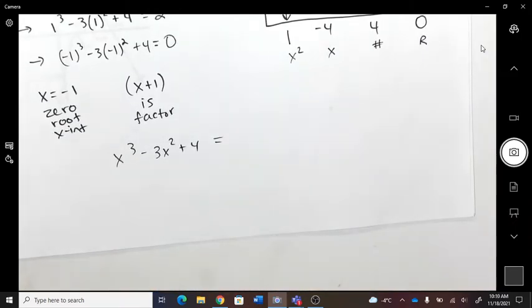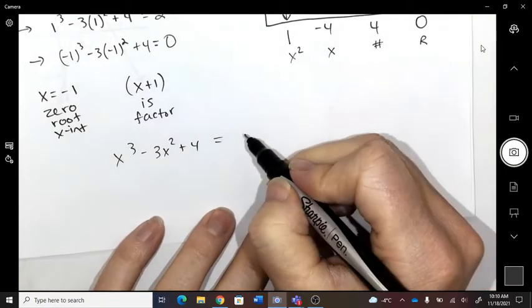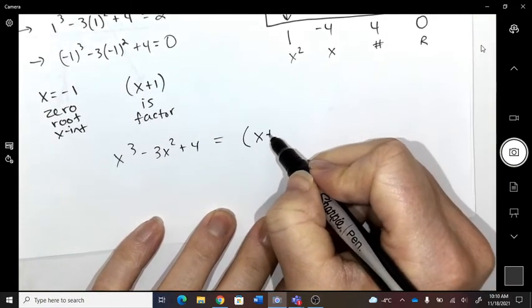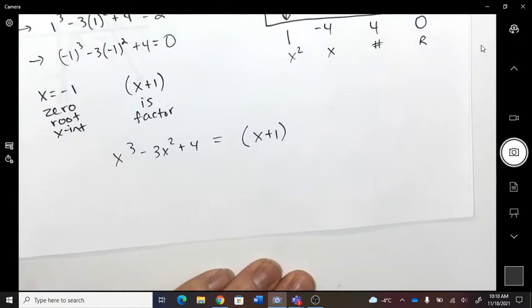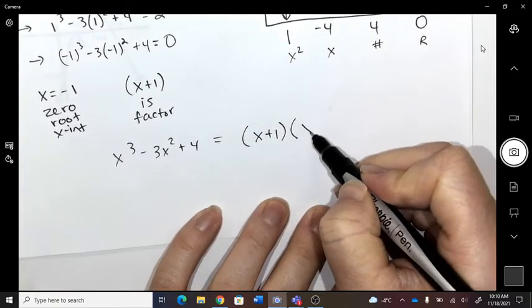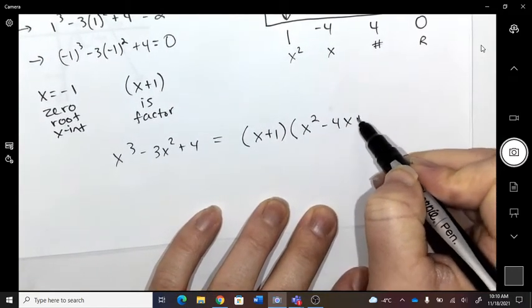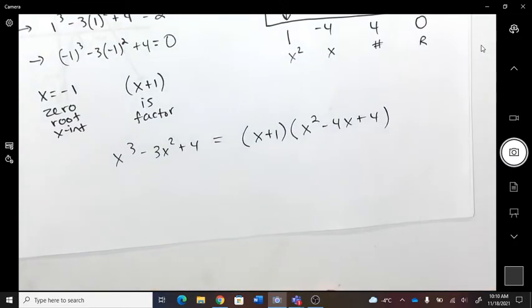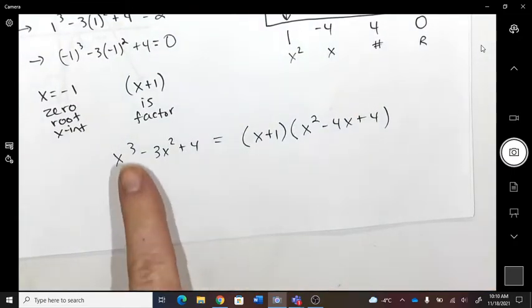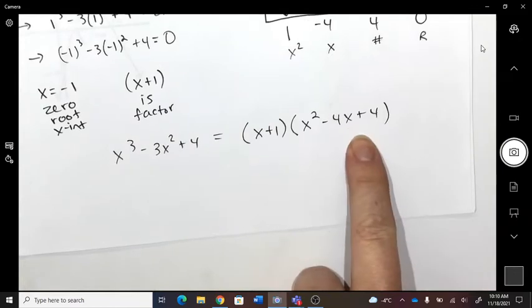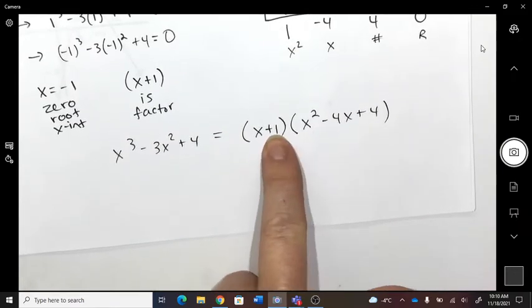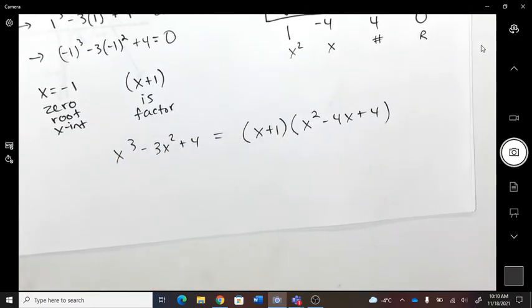Factors are when you say something times something. So what was our first thing? X plus 1. So this divided by that was that. Therefore this times that is that, right? It works backwards.